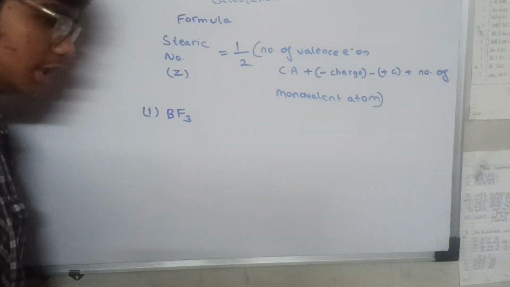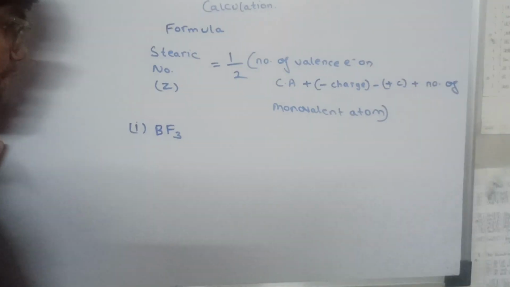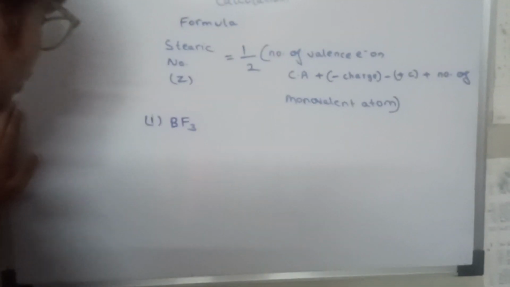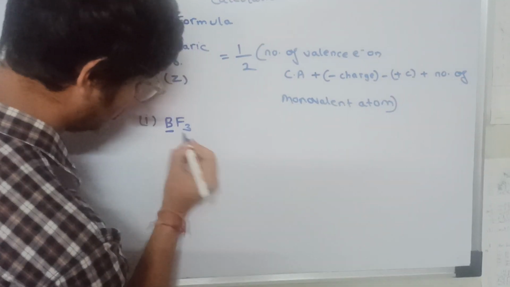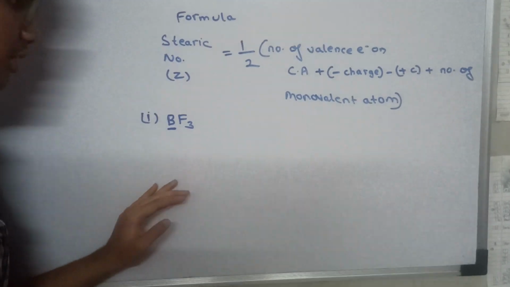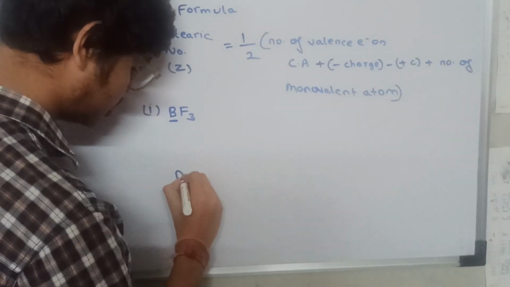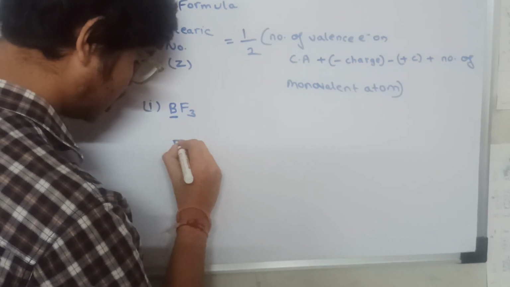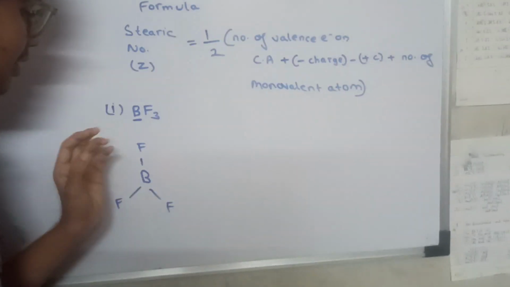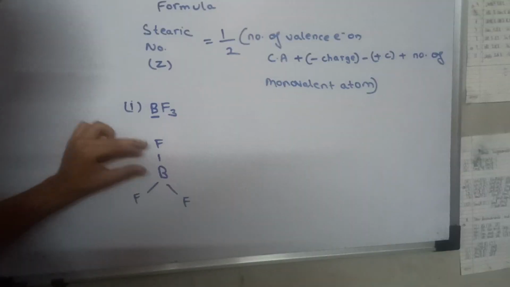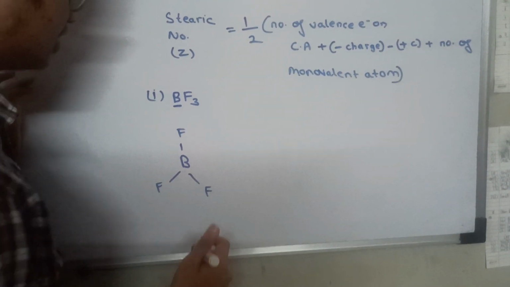This is a famous question and an example of an electrophile. If you draw the structure of BF3, it comes like this. If I want to find the hybridization, I first have to know the central atom. So B is the central atom.